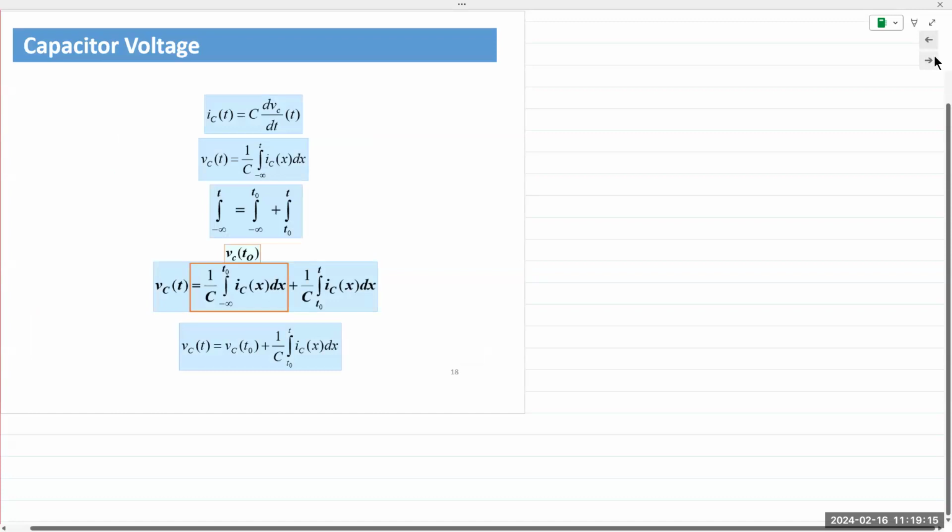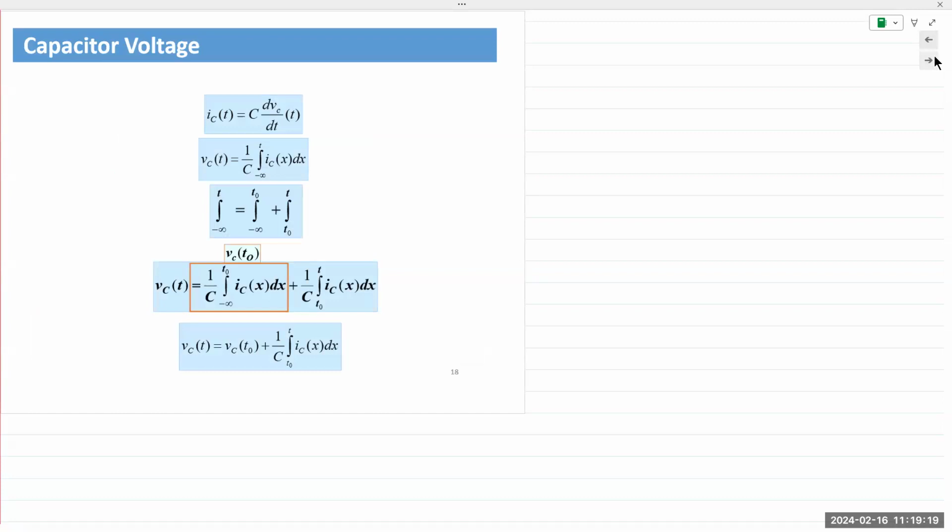The general equations for capacitor and inductor are exactly the same. So capacitor current I is C dV over dt. If you wish to find the voltage, all you would do is integrate both sides. C is a constant value of the capacitor.